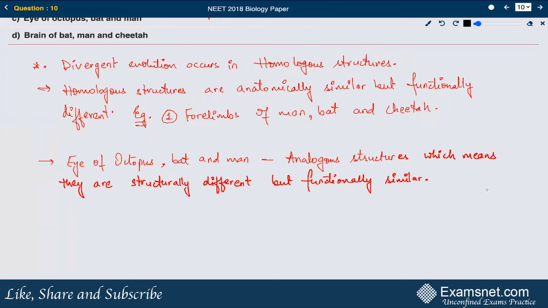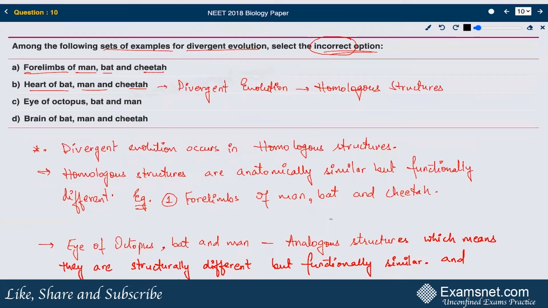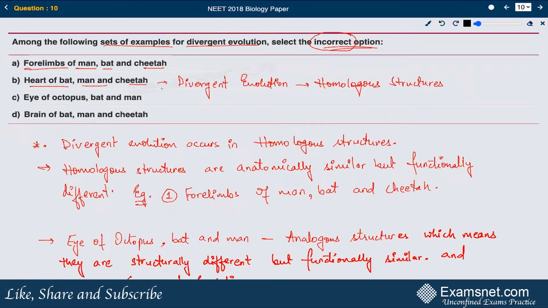And so they show convergent evolution. All right. So this is the incorrect option basically.